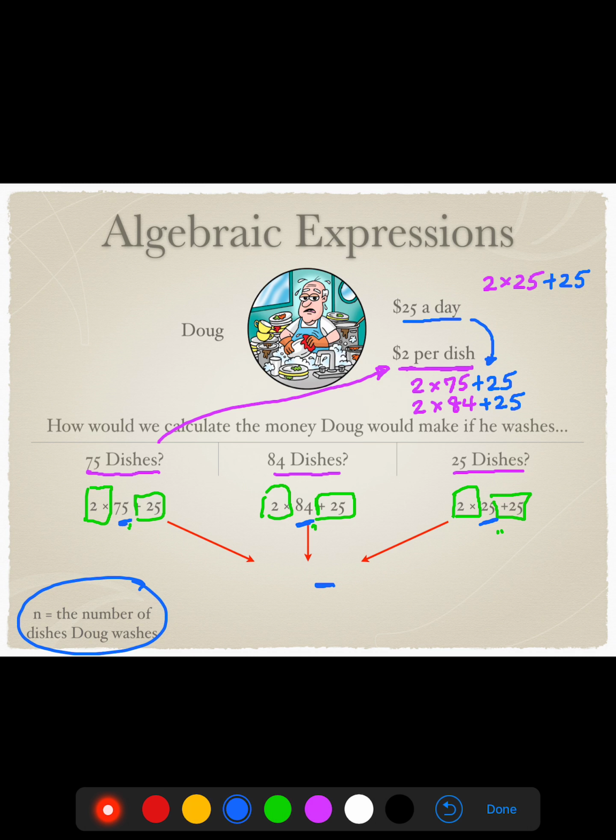On top of that, we can generalize it by saying that the algebraic expression is 2 times the number of dishes, which is 2n, adding 25. Because 25, as you remember, he always earns $25 per day for doing his job. So that's how we come up with the algebraic expression.